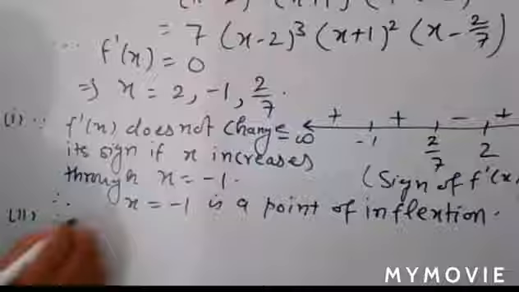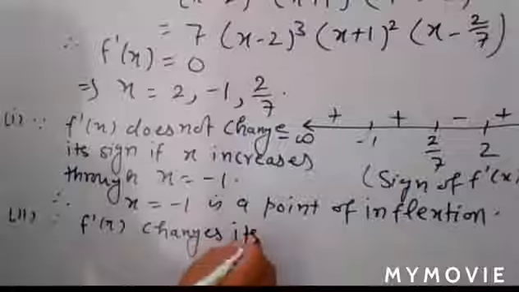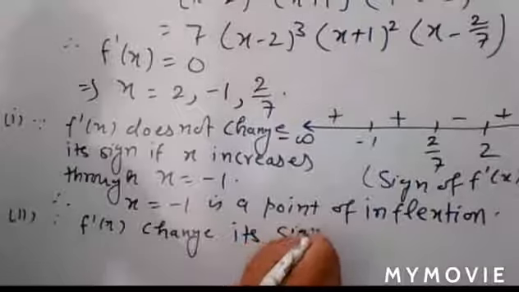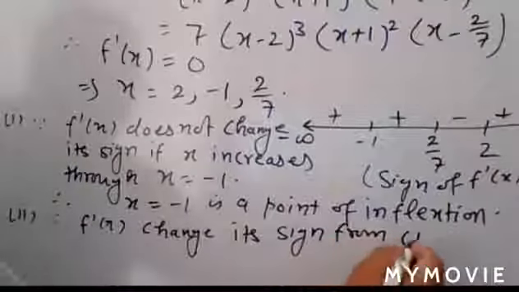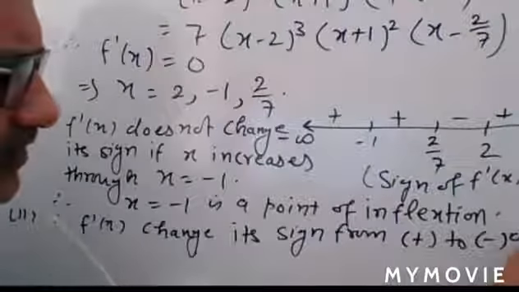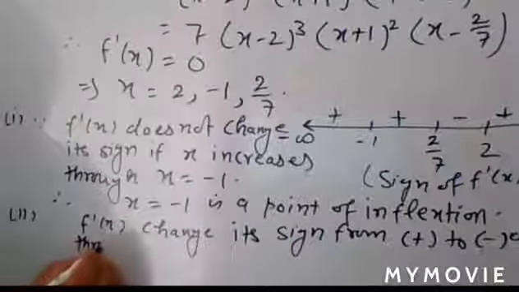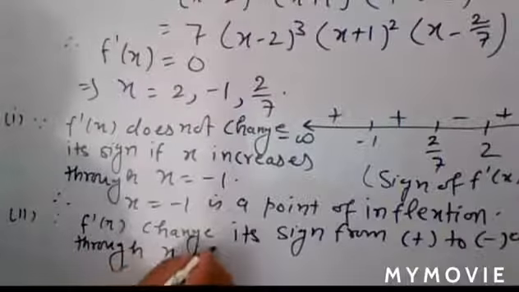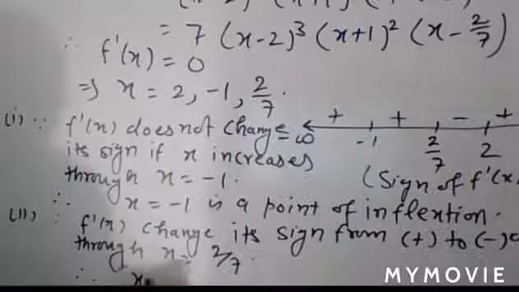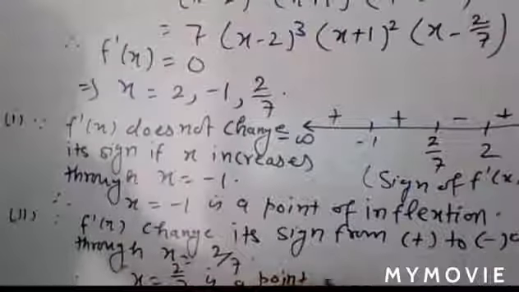So you write in this way: since f dash x changes its sign from positive to negative as x increases through x is equal to 2 by 7, so x is equal to 2 by 7 is a point of local maxima.